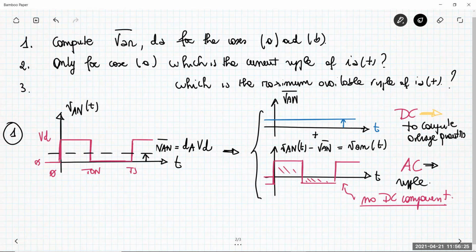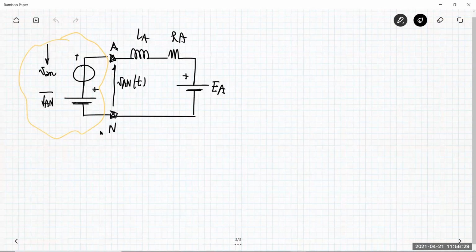So in this sense, I'm using a sort of superposition principle. I separate the DC contribution and the AC contribution to separate my computation.